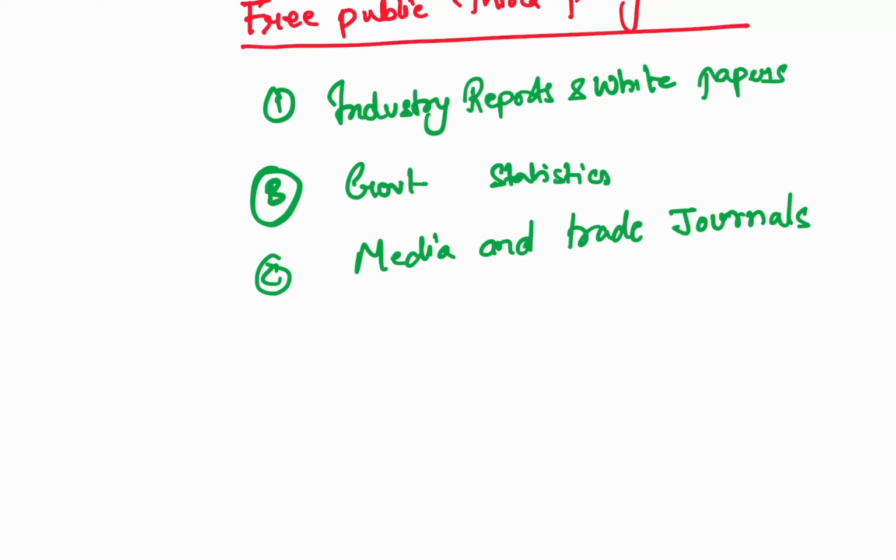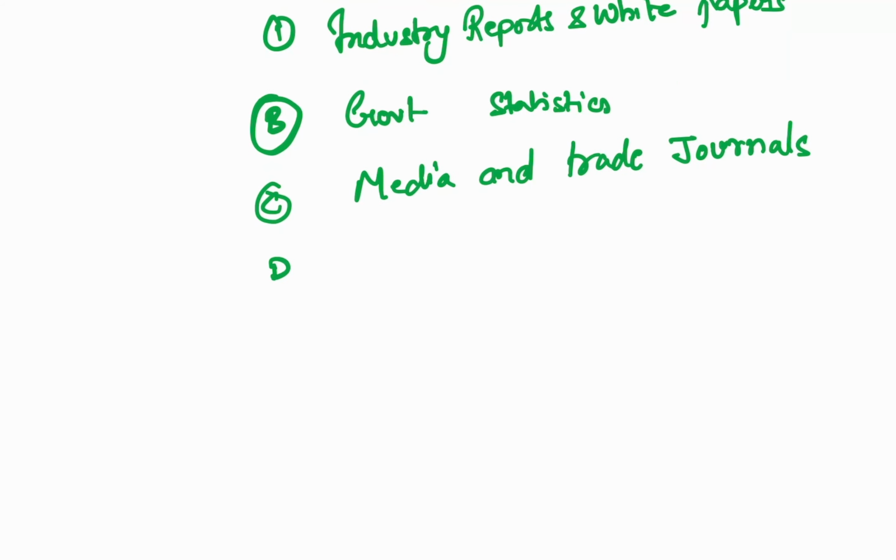Suppose there is a magazine which is purely on metals, and you are analyzing companies like Tata Steel, JSW Steel, Hindustan Zinc. That particular magazine will help you understand how the metal market is performing. Clear? The fourth one is social media.